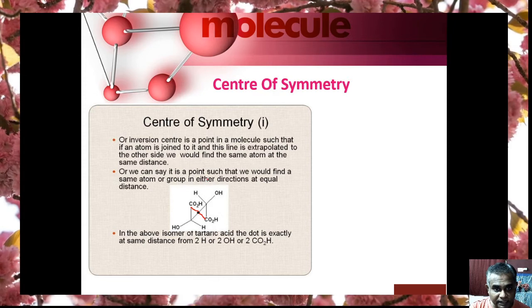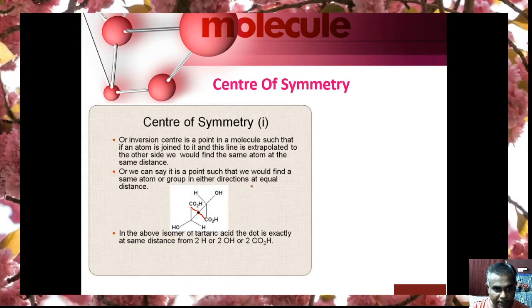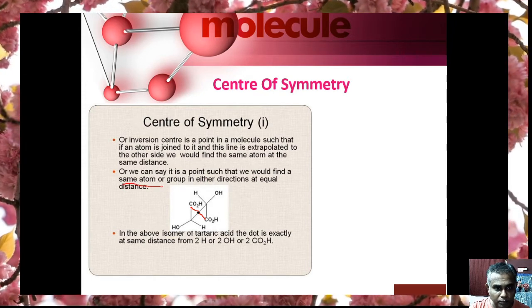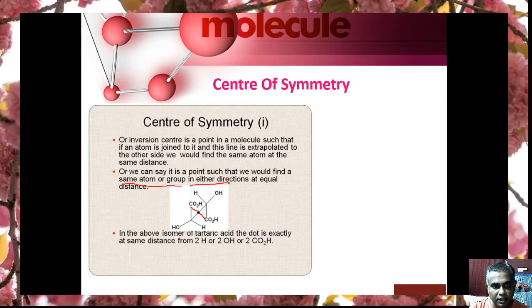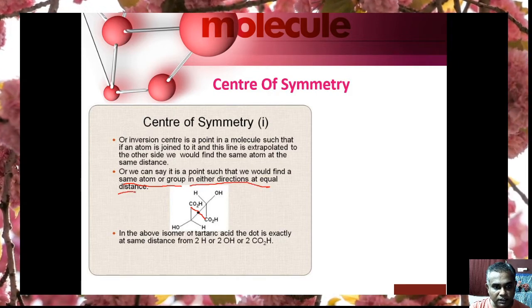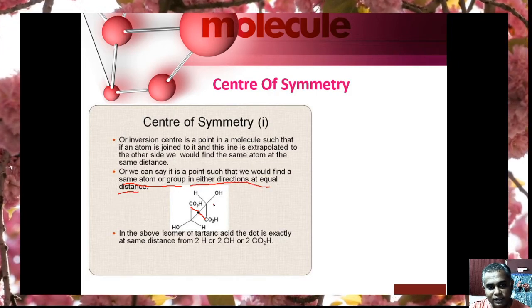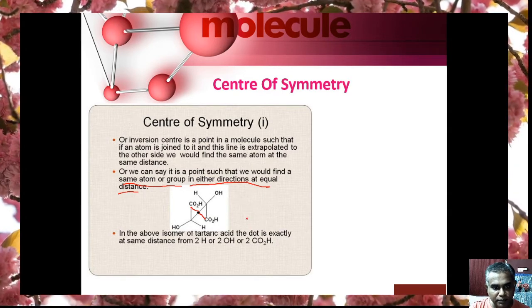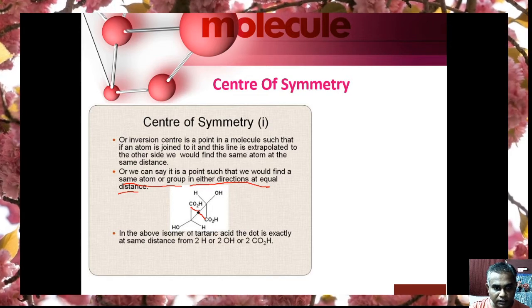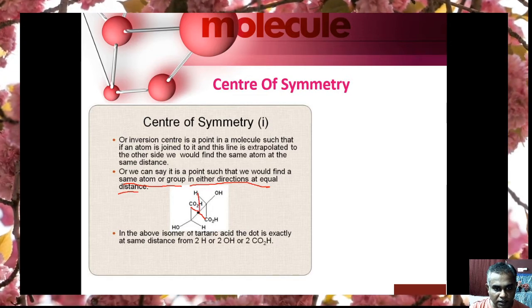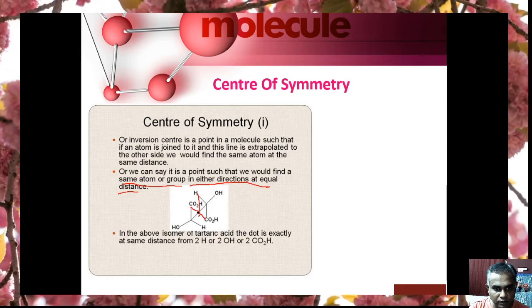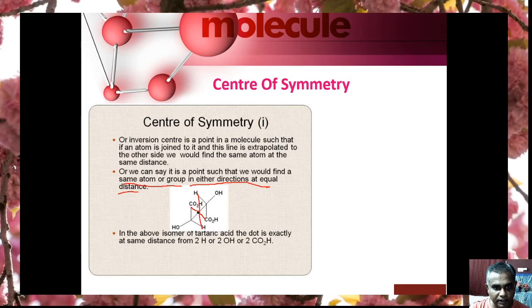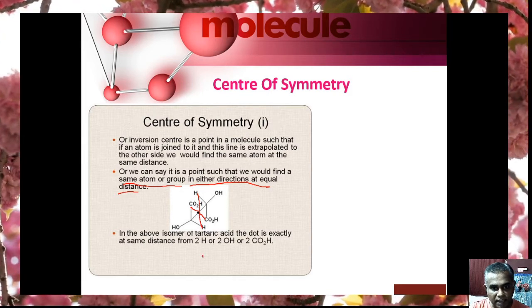or we can say it is a point such that we would find the same atom or group in either direction at equal distance. So in the above isomer of tartaric acid, the dot is exactly at the same distance from two hydrogens. Similarly, we can draw a line to this hydrogen, and to this hydrogen, and we end up with the same atom.